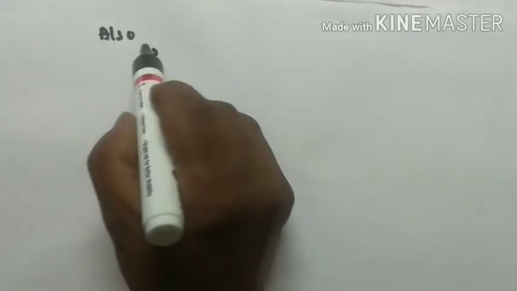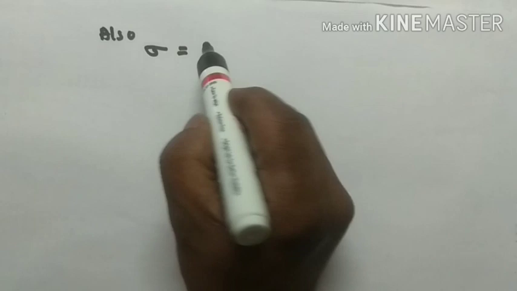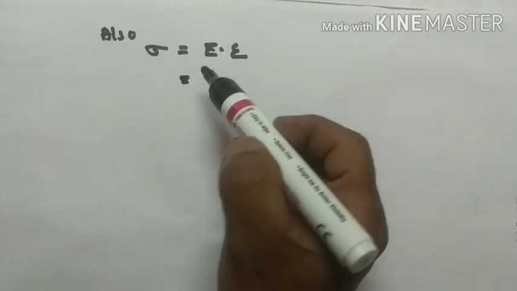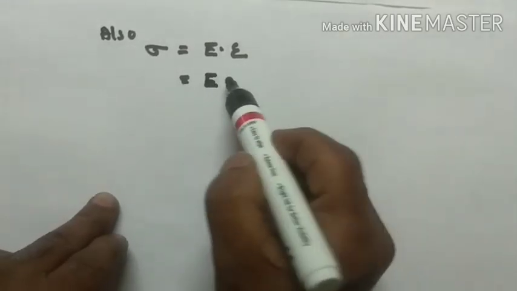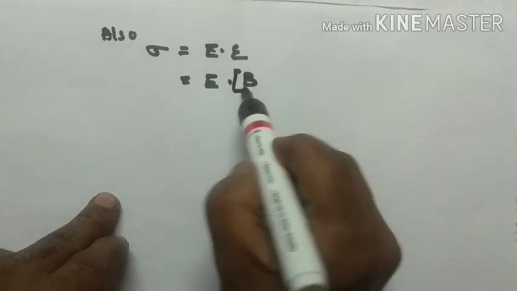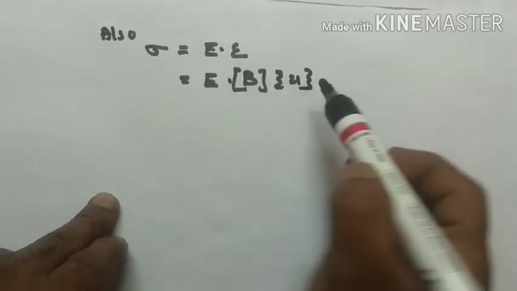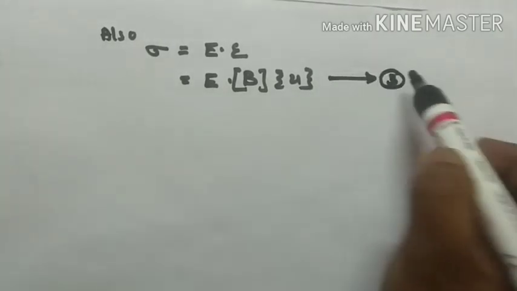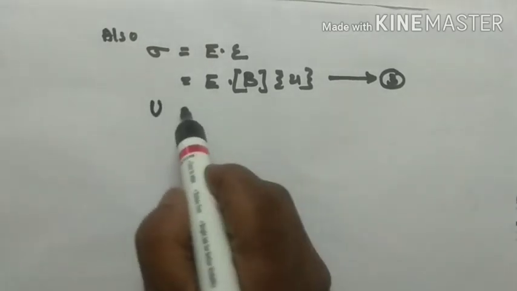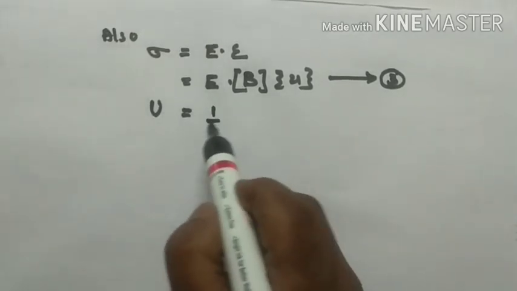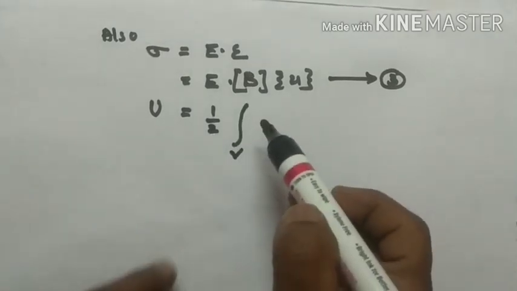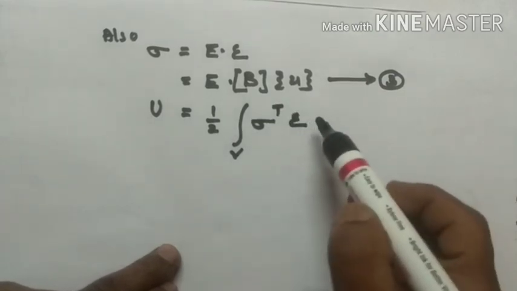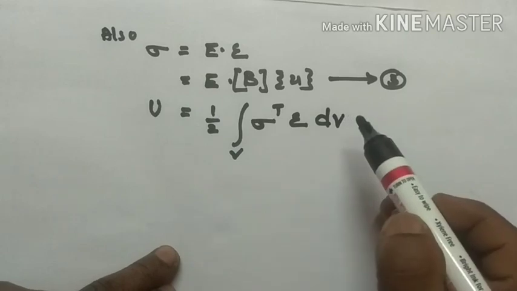Also, the stress is equal to E into epsilon, which is equal to E into B into U. This I am putting as equation number 3. So we have the equation for the strain energy, which is equal to half into integral over V of stress into strain into dV.